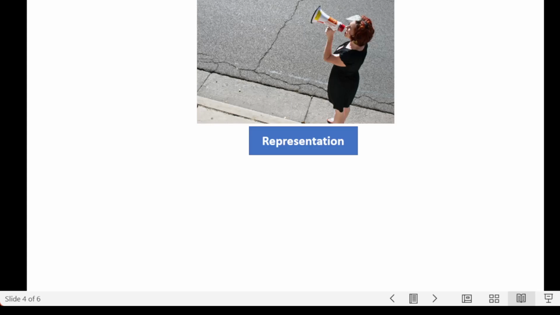Now representation is a very important and interesting content of an advertisement. I urge all the consumers to observe carefully and report it to the concerned authority. I'll give you the list of authorities in the next video, because representation is how a particular gender is depicted in the advertisement, how a woman is represented, how a man is represented, how a community is represented, how a particular idea is represented.